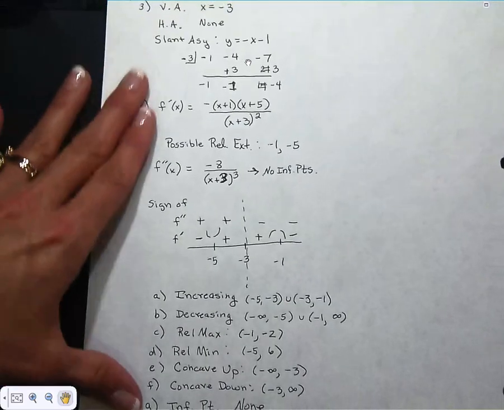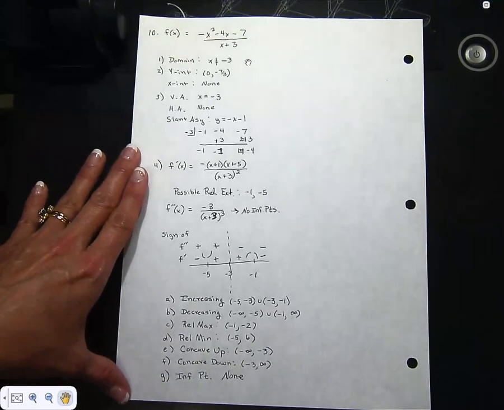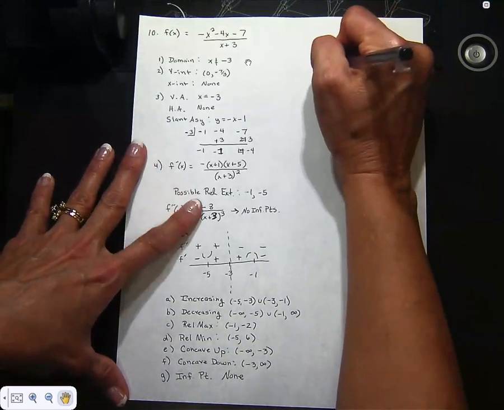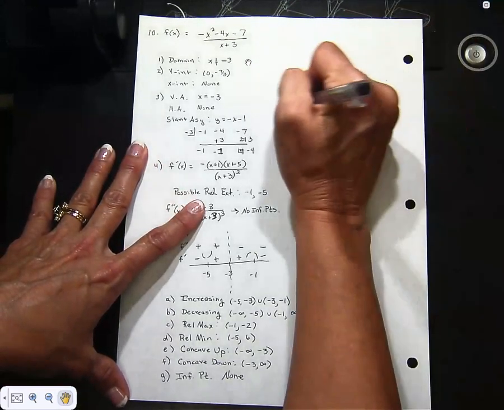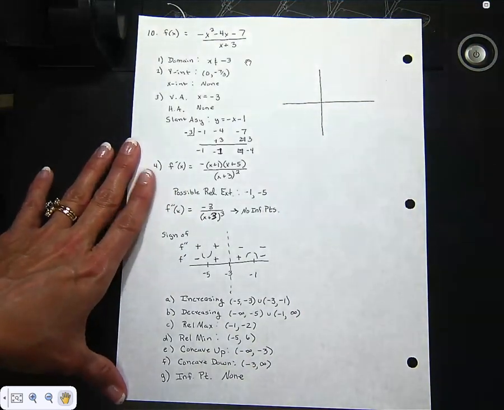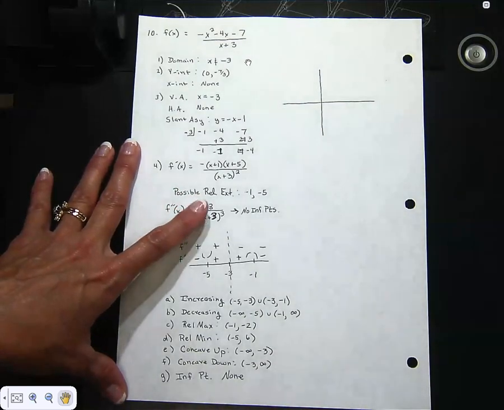All right. There's the actual size of my writing. Put it on a graph. I always graph my asymptotes first.